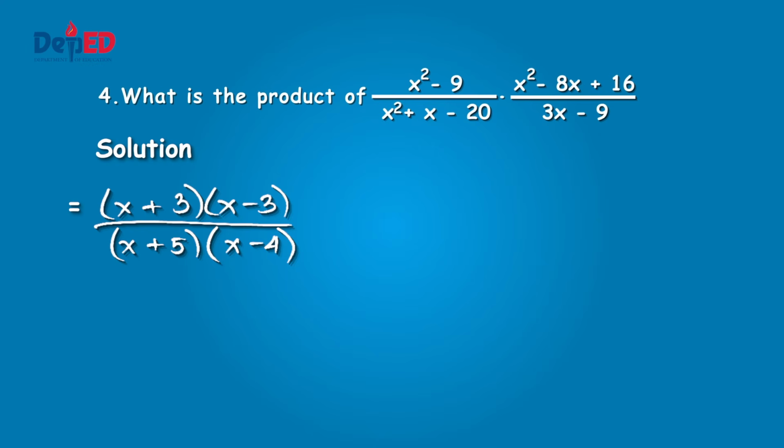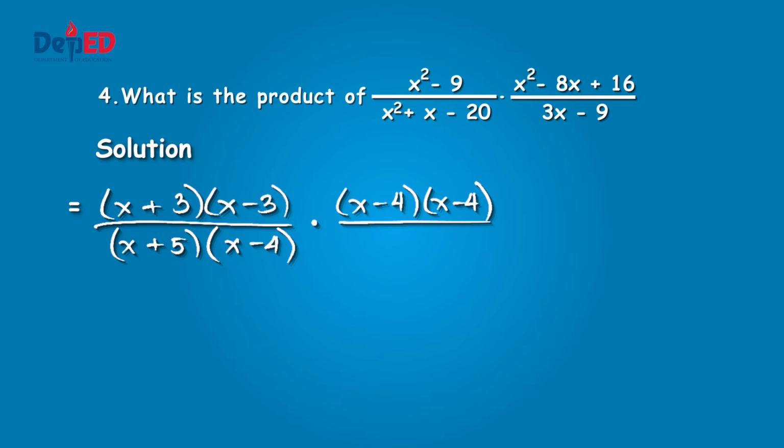Then the next numerator, x squared minus 8x plus 16, is a perfect square trinomial. What are its factors? It is x minus 4 multiplied to itself. How about the denominator? It has a greatest common monomial factor, 3.